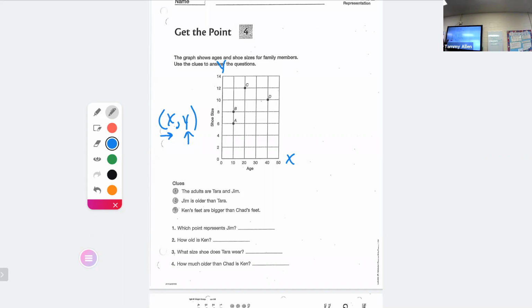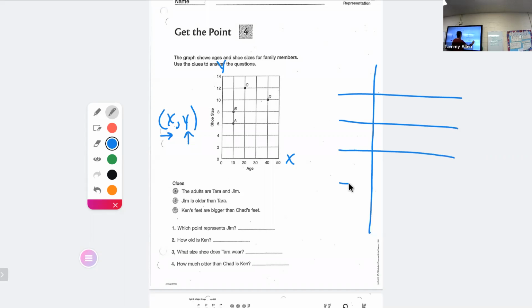And we'll make a table of our 4 points so that we have our information down for that. In this case, our x-axis is represented by what?